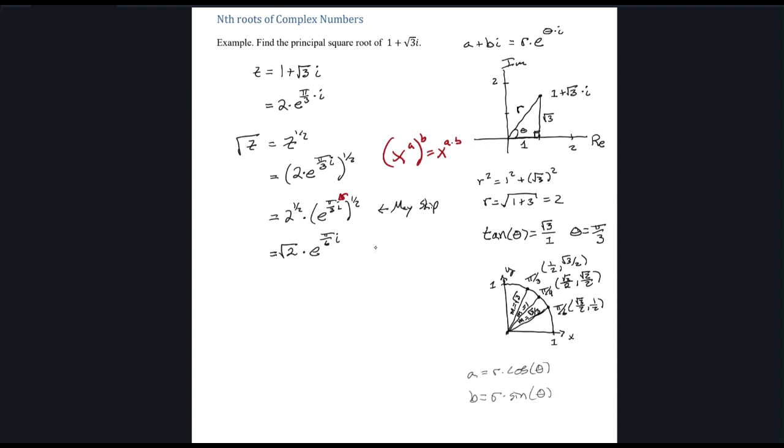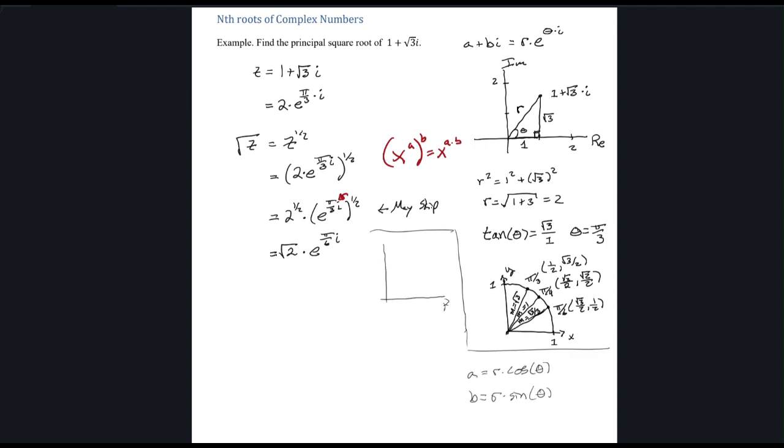I can make this more clear by drawing this picture now, so let's do this. This has a radius of √2 and makes an angle of pi over 6.